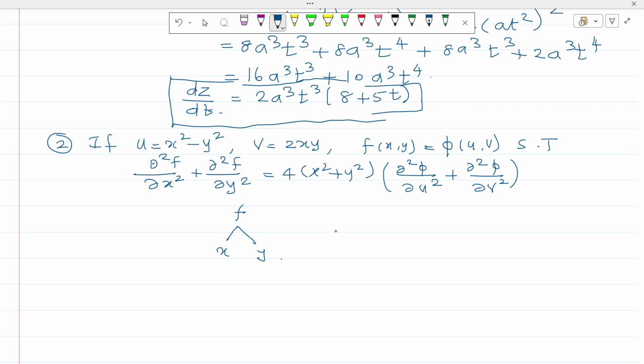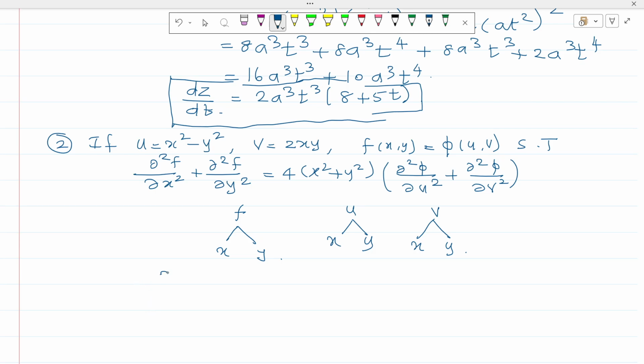So first we can find dou f by dou x. We can write that u is a function of x and y, v is also a function of x and y, but phi is a function of u comma v.